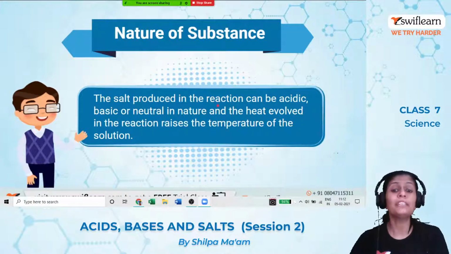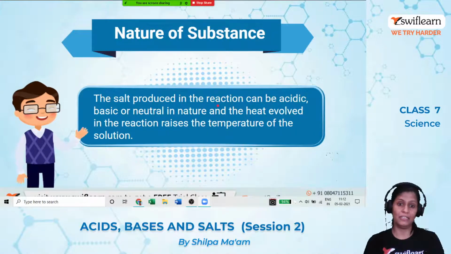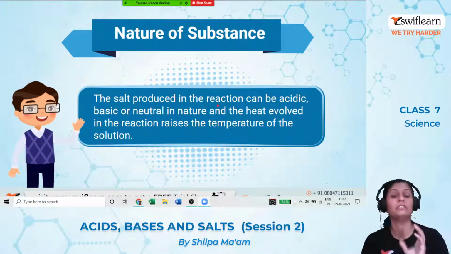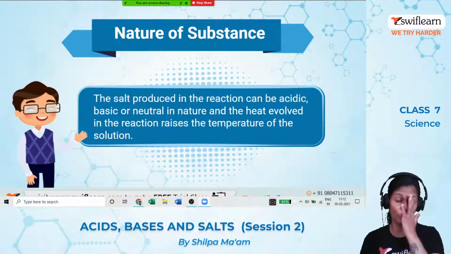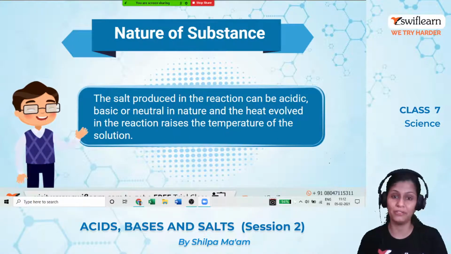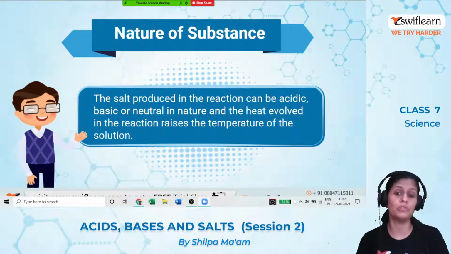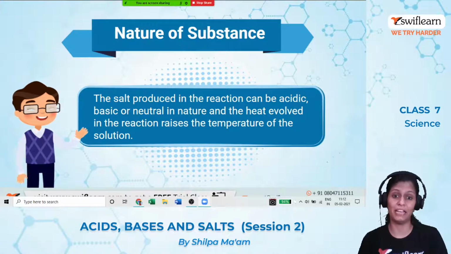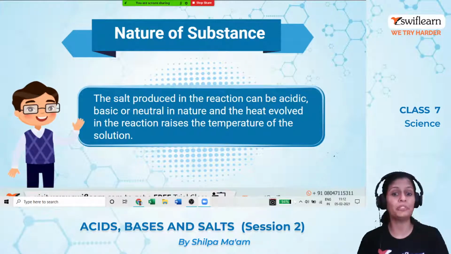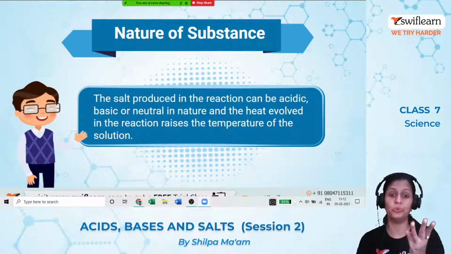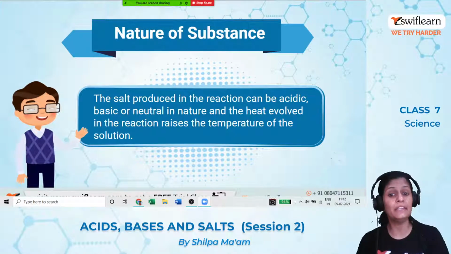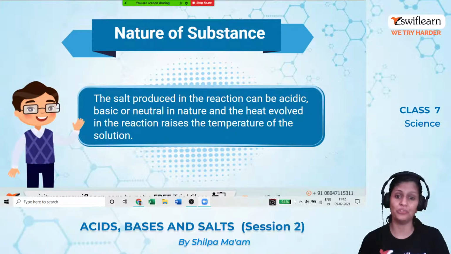Now, what is the nature of the substance that is formed? What is the resultant product? We are saying salt is formed, water is formed, and heat is also coming out because of this reaction. The salt produced can be acidic, basic, or neutral in nature, and the heat evolved would raise the temperature of the solution. We have already done that.